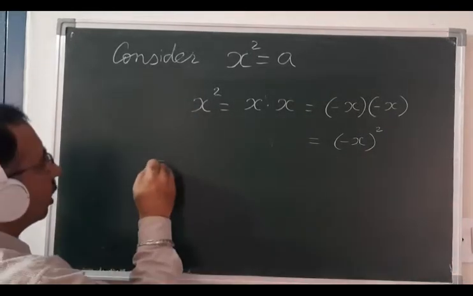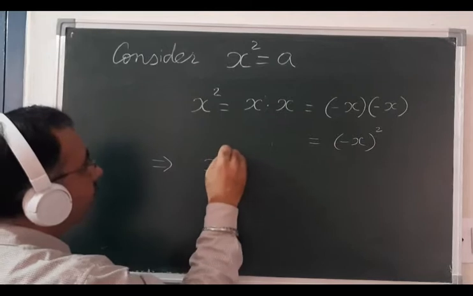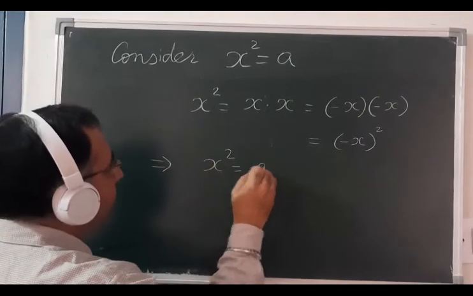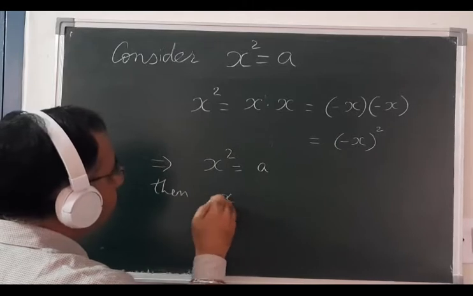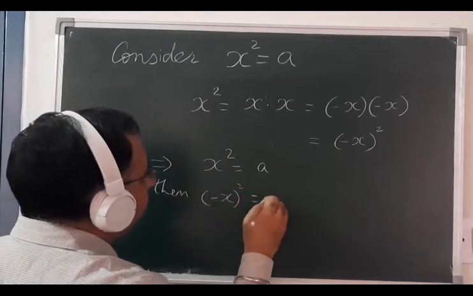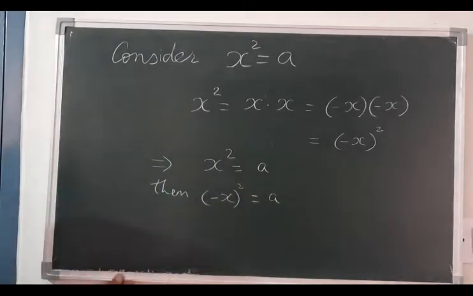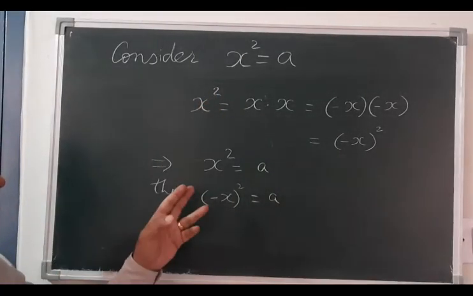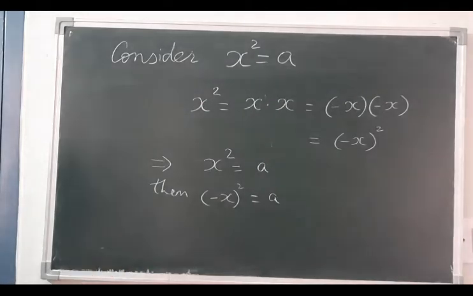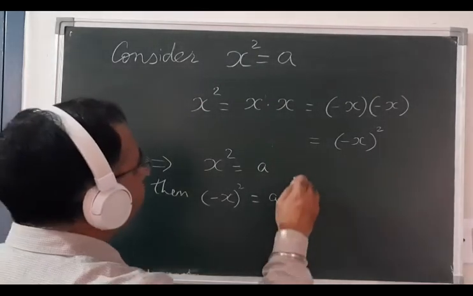So if x square is equal to a, then minus x square is also equal to a. So there are two solutions for this equation. x is one solution and minus x is another solution.